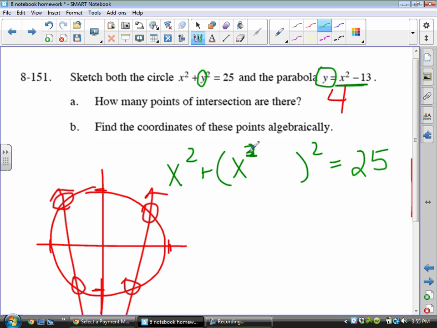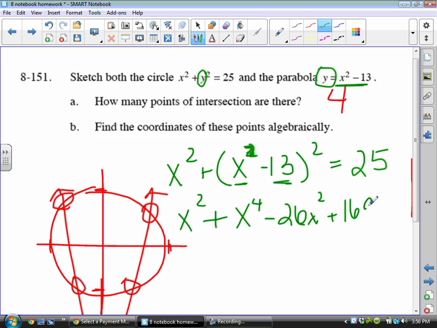I'm going to square that, which really does not just mean this quantity squared and that quantity squared, because I have multiple things in between. So I'm going to have x to the 4th, negative 13 times x squared, and another negative 13x squared, which will be negative 26x squared, plus 169 equals 25.